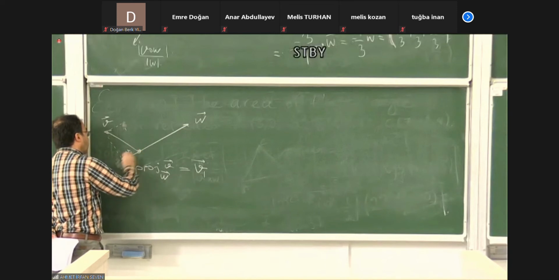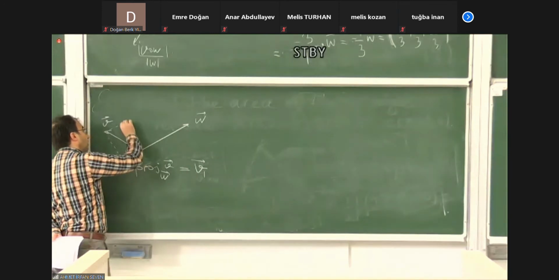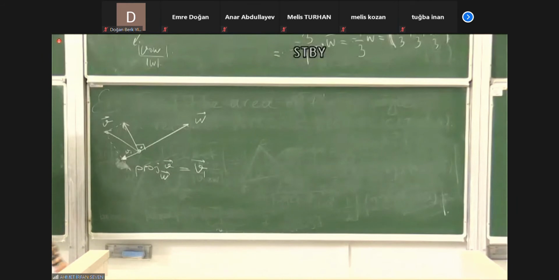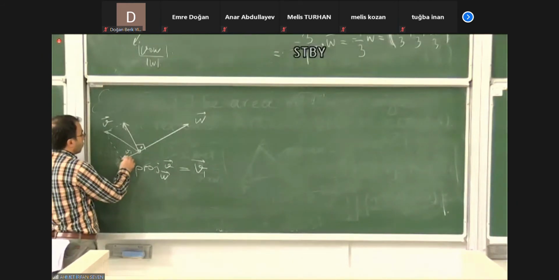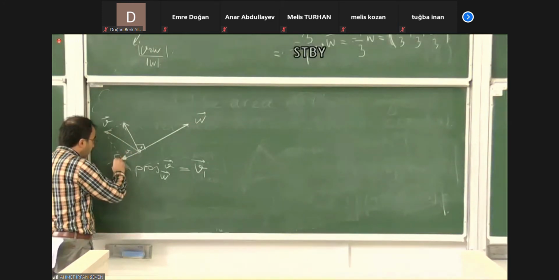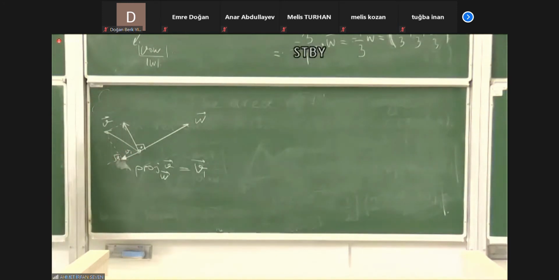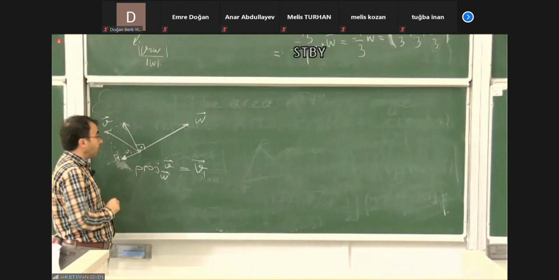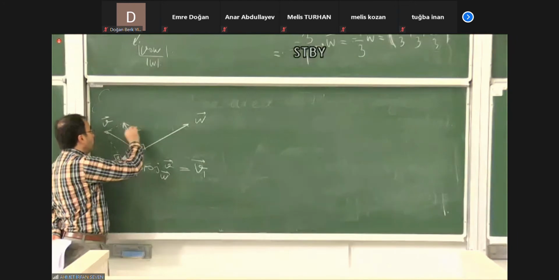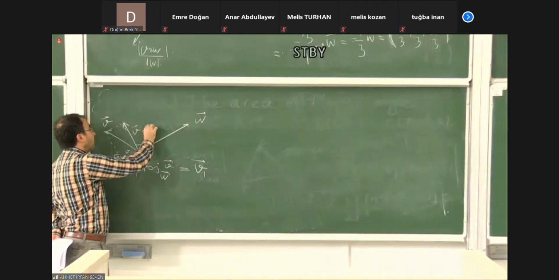If this is V1, let me draw this time this vector. By the way, the projection happens at 90 degrees, an orthogonal projection, as we say. So you may note that this vector will be V minus V1.